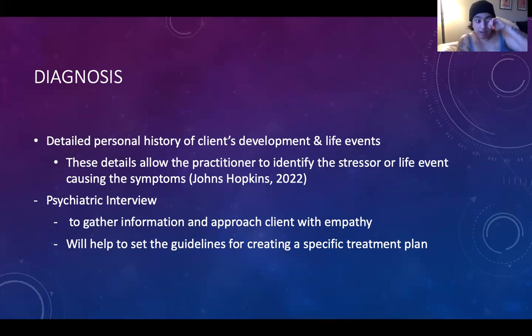Also, having a psychiatric interview. I found a really great article. Not even an article; it was like a journal that walked you through the steps of a psychiatric interview and how you, as the counselor, can go through it, bringing in a lot of the ethical guidelines that we learn in the APA handbook, and teaching you how to approach the client with empathy, and what the steps are to get to your specific treatment plan.